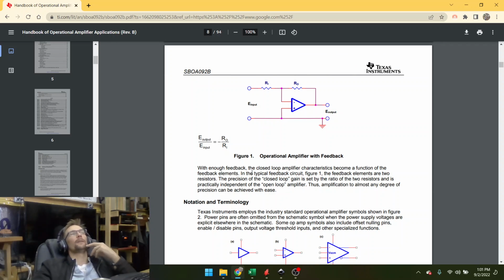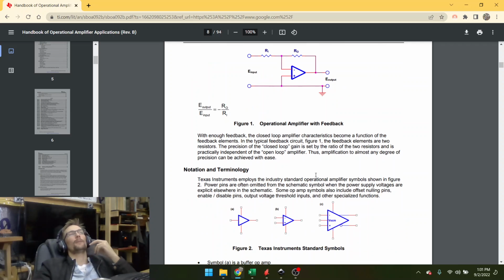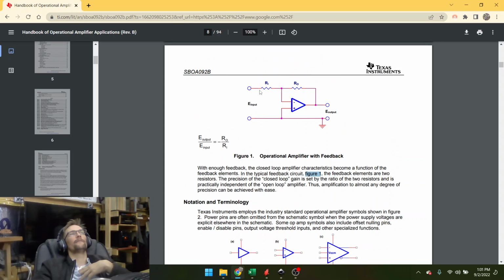With enough feedback, the closed-loop amplifier characteristics become a function of the two feedback elements. In the typical feedback circuit, see figure 1, negative feedback. The feedback elements are two resistors.